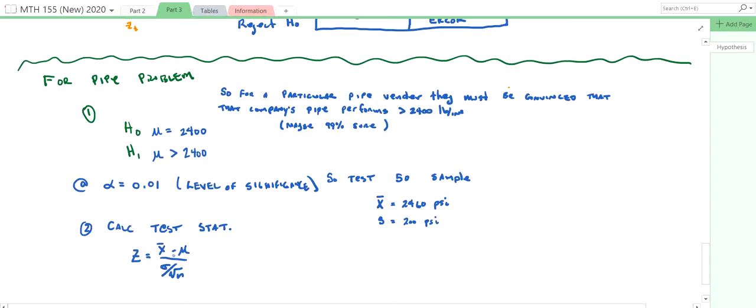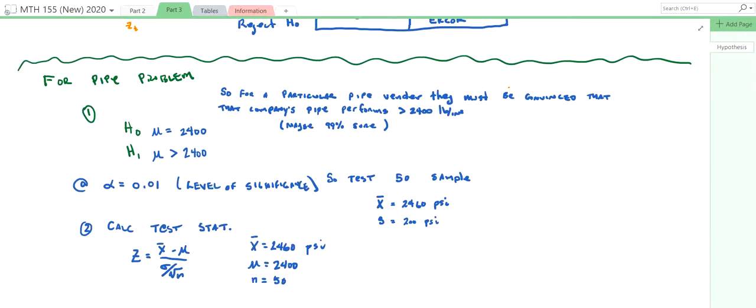So I have to find these values, and I'll pull these values out of the word problem. To start with, x bar is the sample mean we pulled here. X bar equals 2460 psi. Mu is the mu from our problem. It's 2400. N is our sample size, 15.